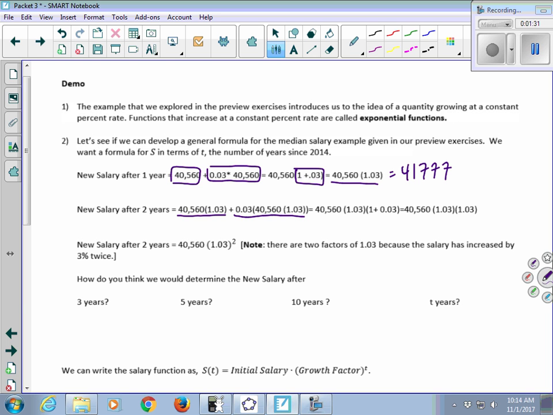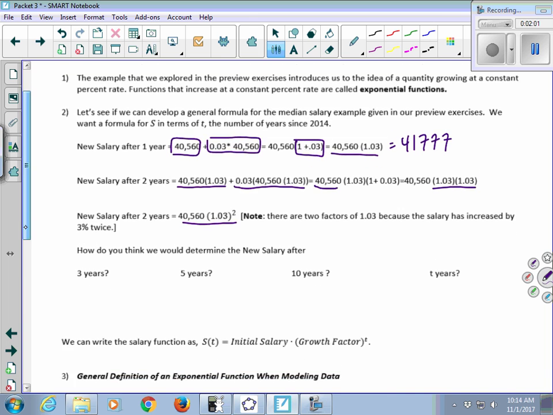And when you simplify, we end up multiplying our original salary by 1.03 squared. We end up multiplying it by 1.03 twice. You multiply by 1.03 for the first year, then you get another 3% raise, so you multiply by 1.03 again. So our new salary after 2 years is 40,560 times 1.03 squared, because the salary has increased by 3% twice.